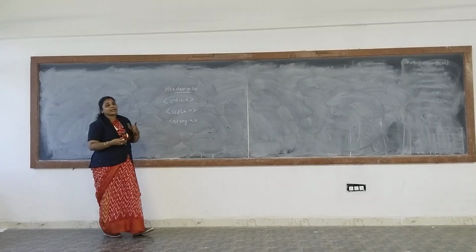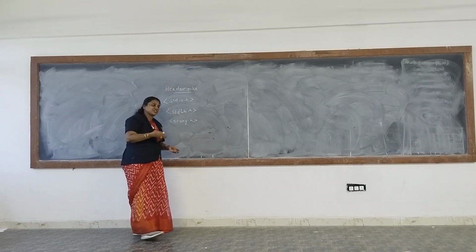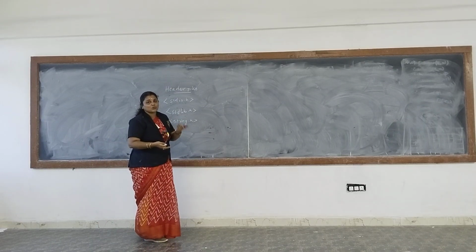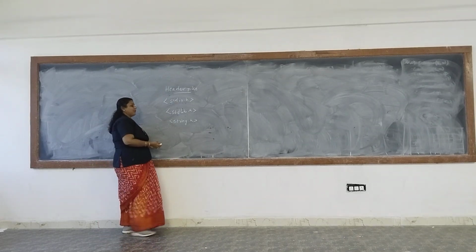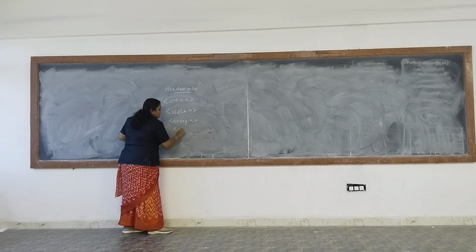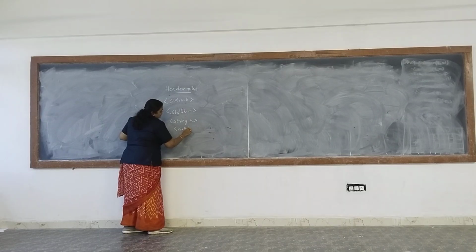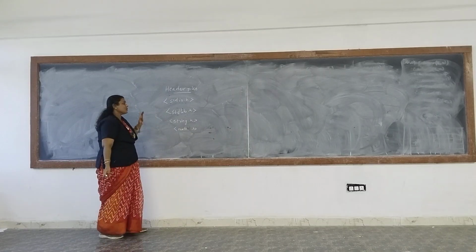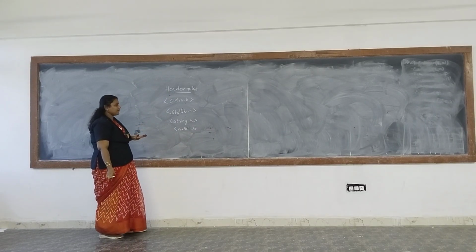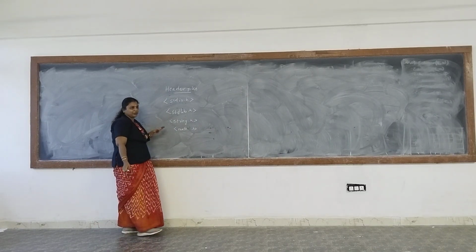Suppose you are using any mathematical operations like addition, subtraction, power, square root, modulus, division, whatever, any mathematical operation, you have to use the header file math.h. So these kinds of header files are there. Whichever header file you want, you have to use it.